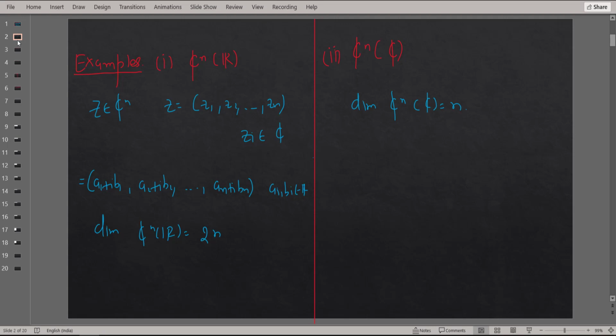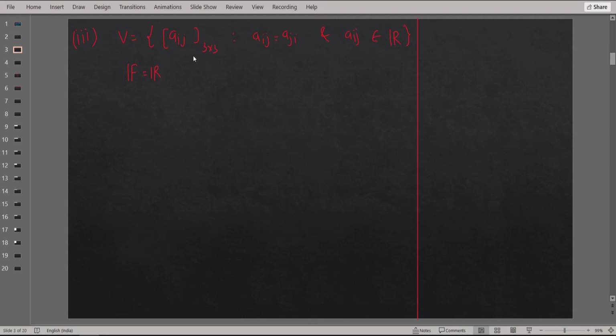Now we will move to the third example. The third example is the set of 3 cross 3 real symmetric matrices. So any vector x belonging to V is of the type a11, a12, a13, a21, a22, a23, a31, a32, a33.